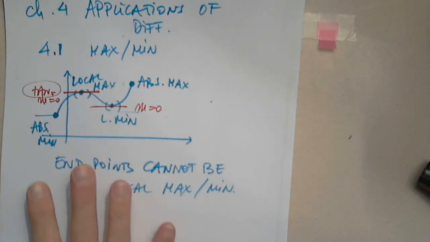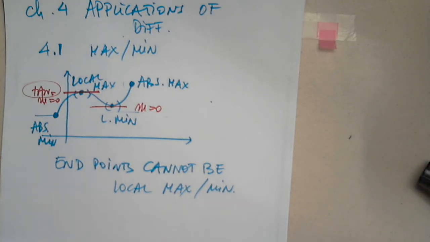Do you think we need to look at another graph, or is the idea clear? Just tell me whether we need to look at another graph, or we understand how to read from a graph the absolute max, absolute min, local max, local min.